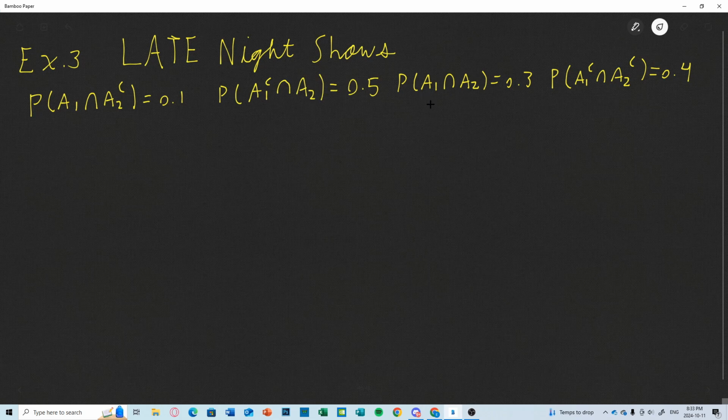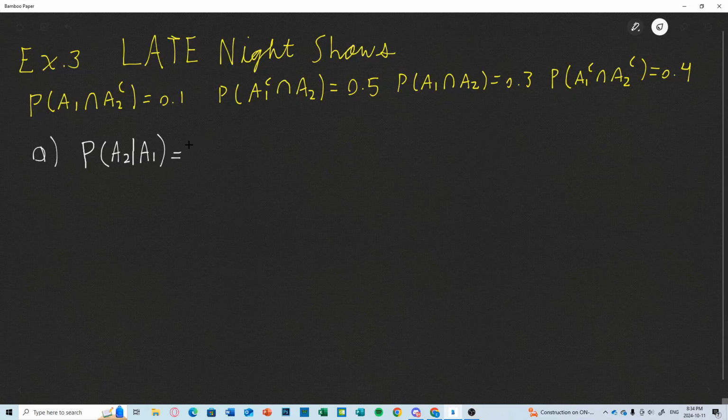The probability that they watch both of them is 0.3, and the probability that they watch none of them is 0.4. So our question A is, if we know that a person watches Chris Pratt, what's the probability that they also watch Stephen Curry? So we're looking for the probability of A2, but we already know that they watch Chris Pratt, which is given A1.